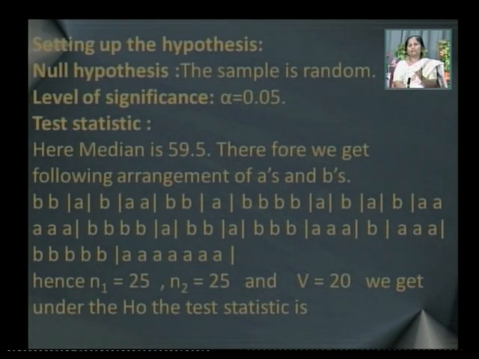Now here N1 is 25, and N2 is also 25. Now what is V? V is equal to 20, which is the number of runs, and hence what will be the test statistic?